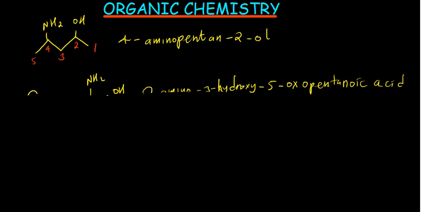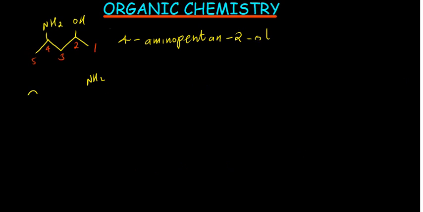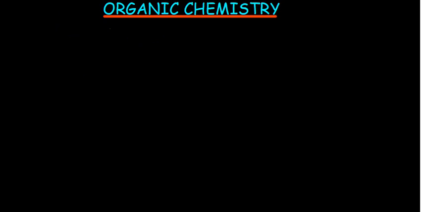So let's look at how to name aldehydes and also ketones. Now, the first thing is we just need to get a difference between an aldehyde and a ketone. Well, they really contain the same functional group. What differs is just a little.